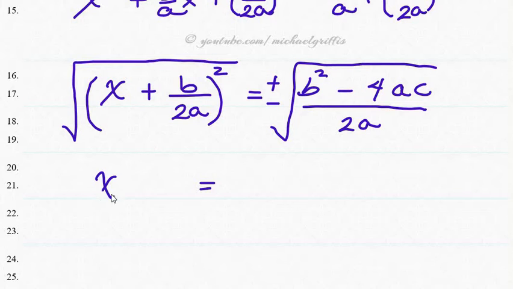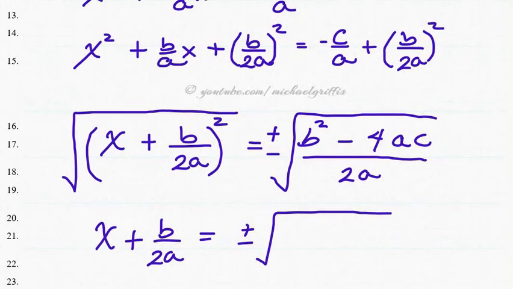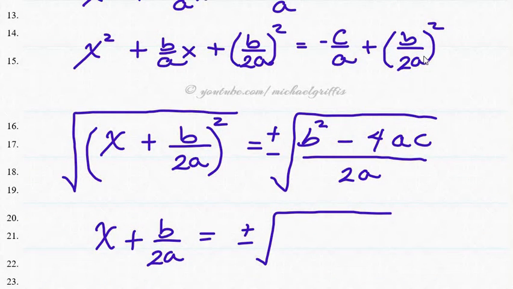So this becomes x plus b over 2a plus or minus the square root of... okay, this is a squared, so I left that off.